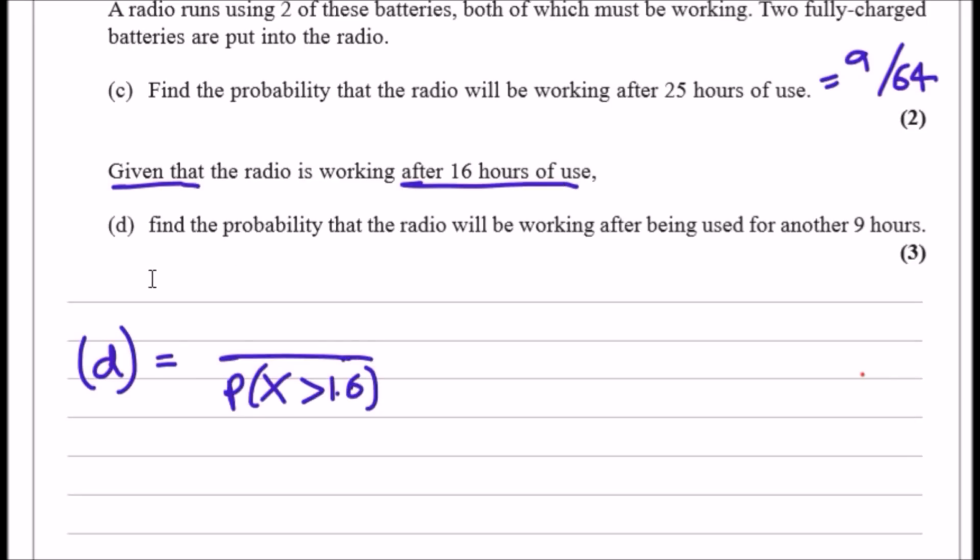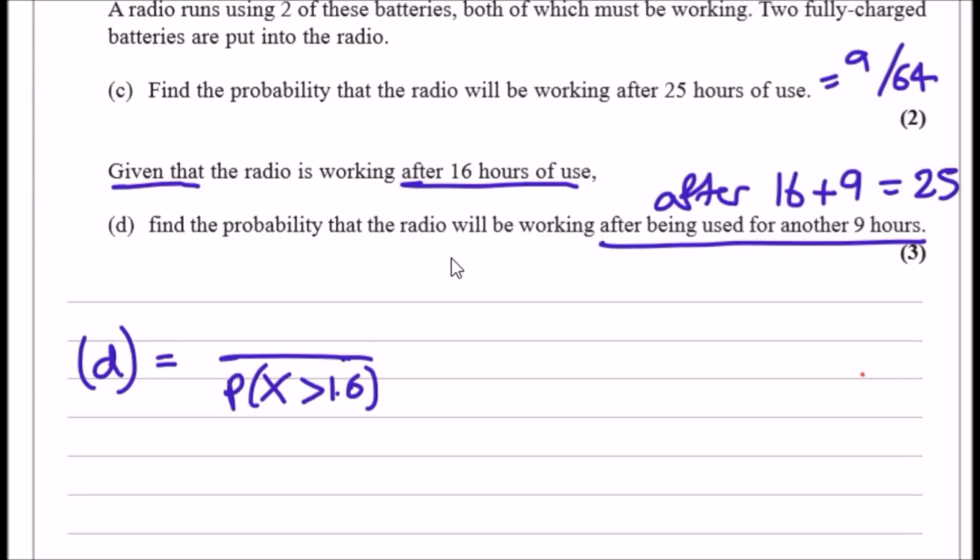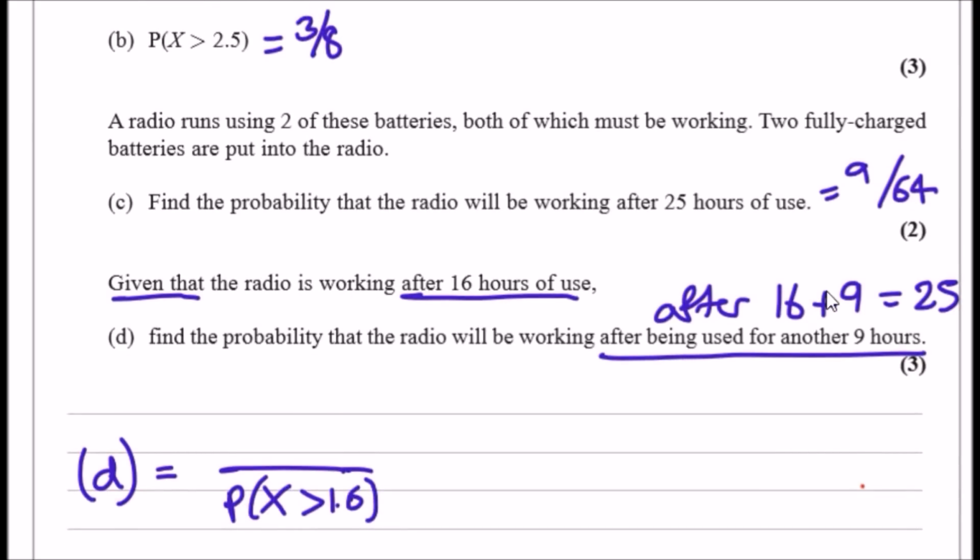Now, for this plus statement, find the probability that the radio will be working after being used for another 9 hours. Notice the words another 9 hours. This literally means after the original 16 plus 9 hours, which is actually 25, which is what we did for B and C. However, be very careful here.